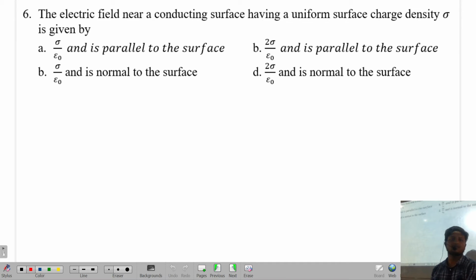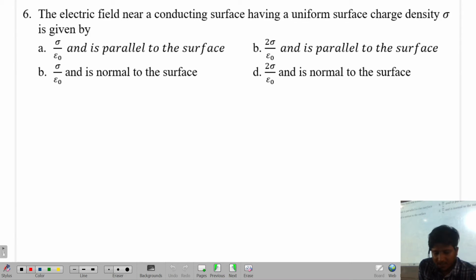Normal to the surface. Sigma by epsilon naught is possible along the direction of normal or not? And the normal is perpendicular to the surface, yes or no? So therefore, sigma by epsilon naught is normal to the surface. I think B option is correct.